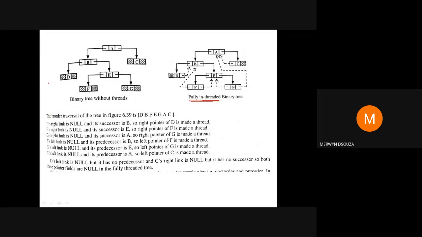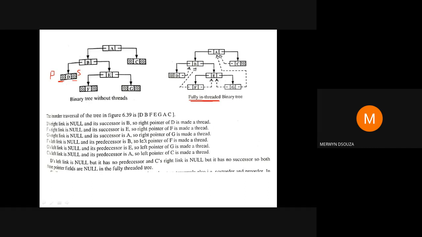Fully means we are going to use both sides of the node, left as well as right. On the left side, we are going to store the address of the predecessor, and on the right side, we are going to store the address of the successor. When I say predecessor and successor, I am referring to in order predecessor and in order successor.